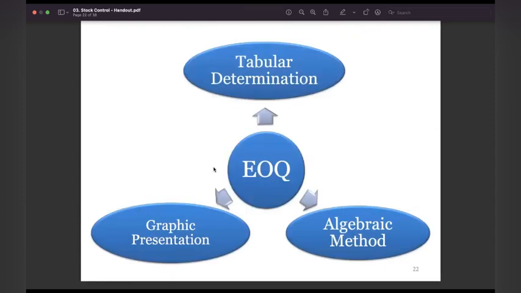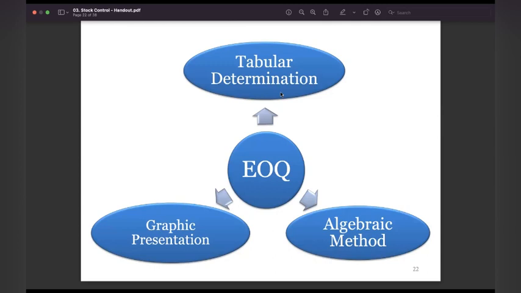So now we will discuss the three methods that we can use to calculate the EOQ. One is tabular determination. We will do an exercise from that, then you will understand properly. Then graphic presentation. Graphically, how we are going to find EOQ.